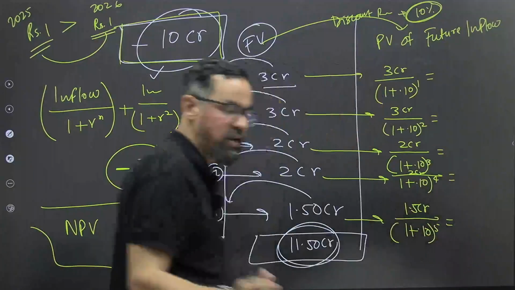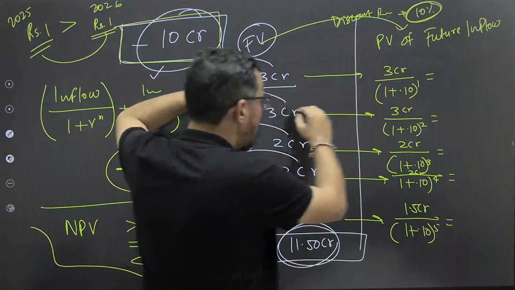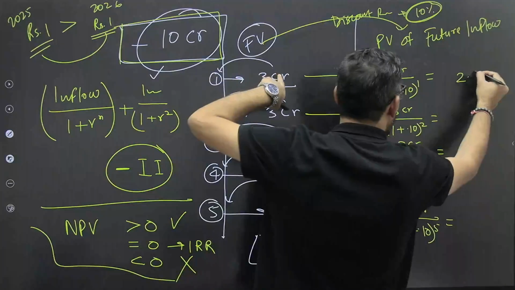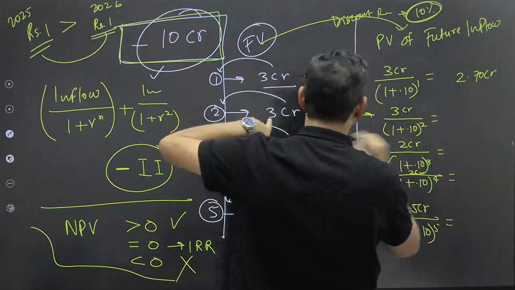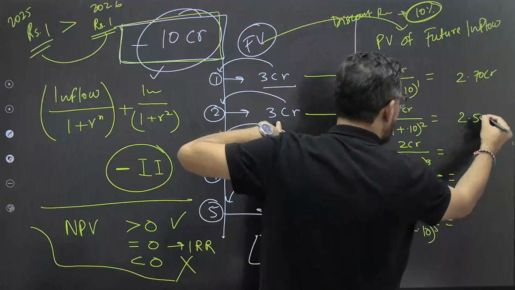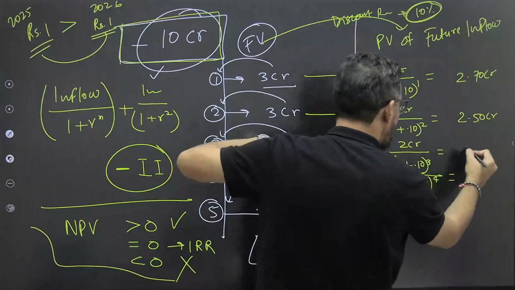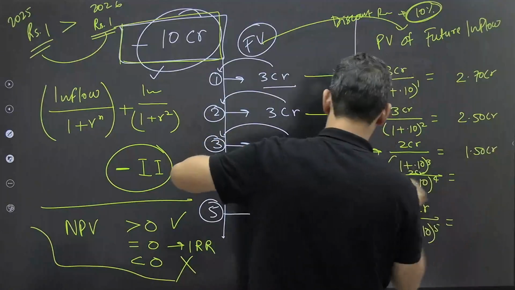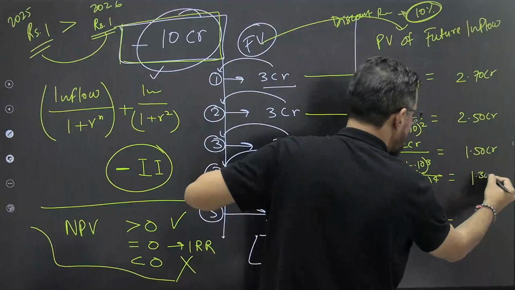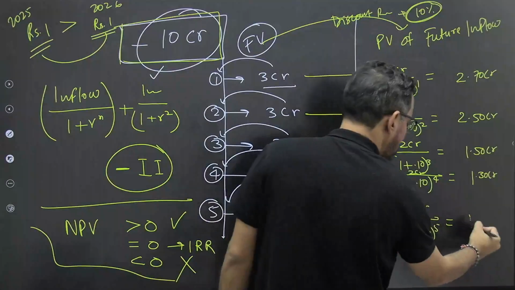After the calculations, let's say I take some random numbers: let's say this reaches 2.70 crores, this is 2.50 crores, this is 1.50 crores, this is 1.30 crores and this is 1 crore.